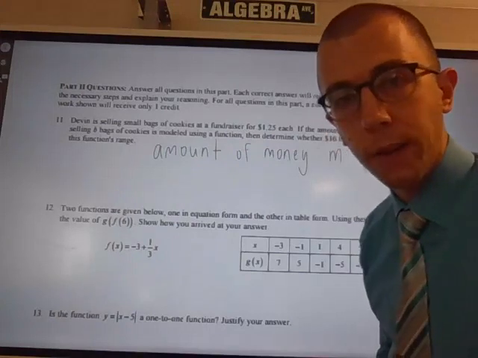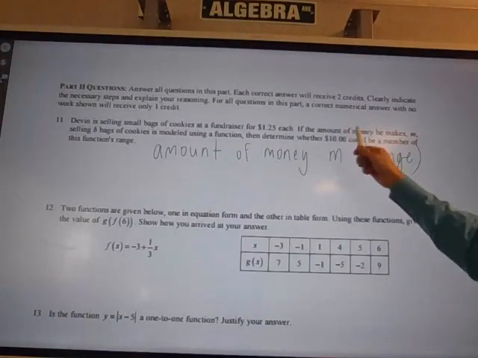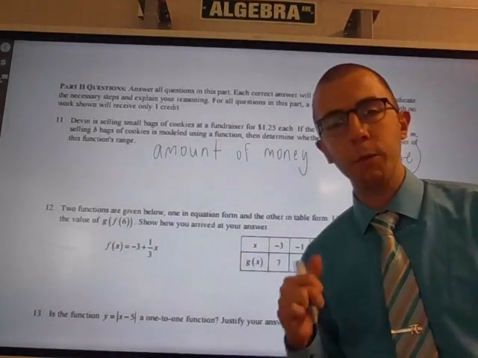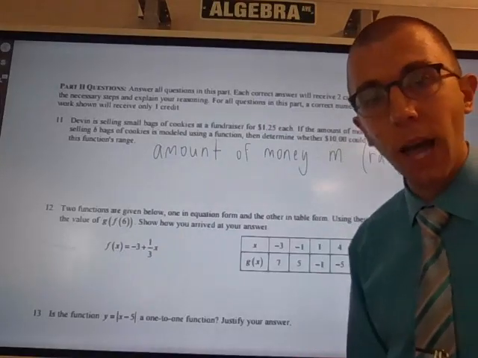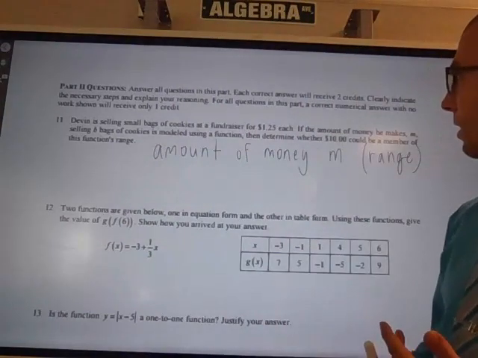All the possible M values are our possible range values. So can $10 be a member of the range? Will he ever make $10? Well, that depends on how much he sells and what he's selling them for.